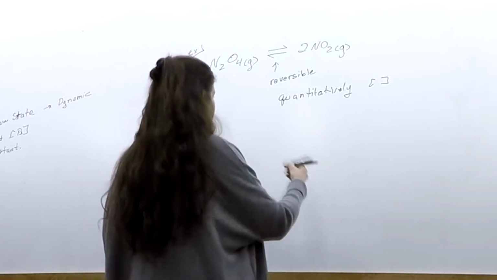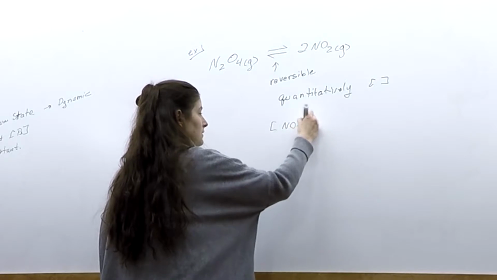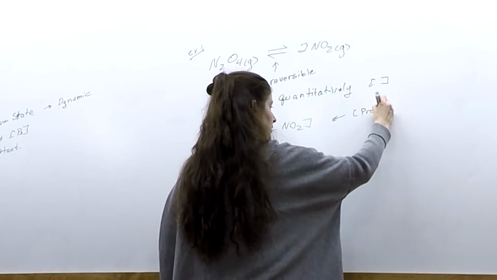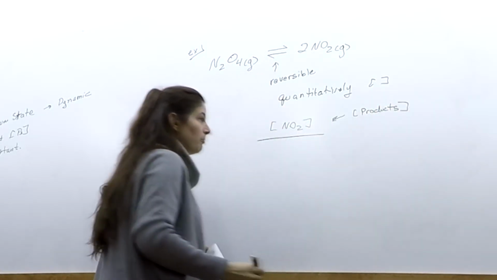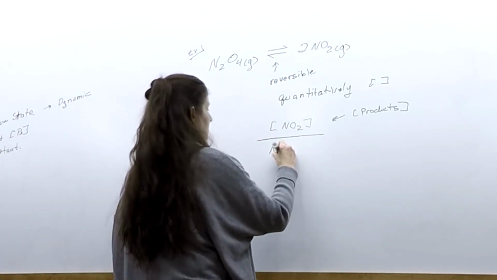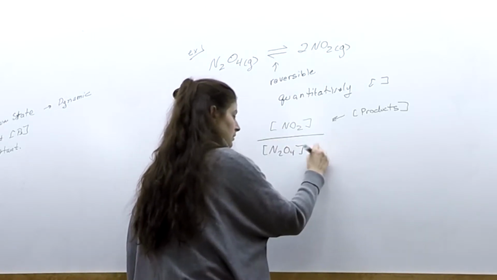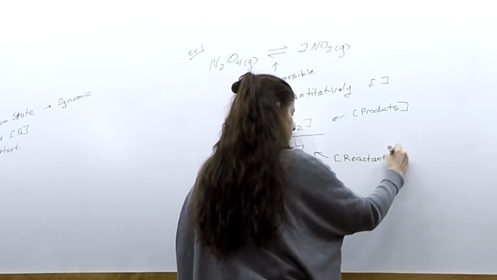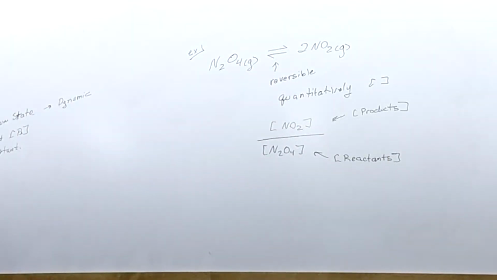So I'm going to write this as a quotient: first on top, the concentration of my products, and on the bottom, to make the ratio, the concentration of my reactants. Products over reactants. It will always be that way.